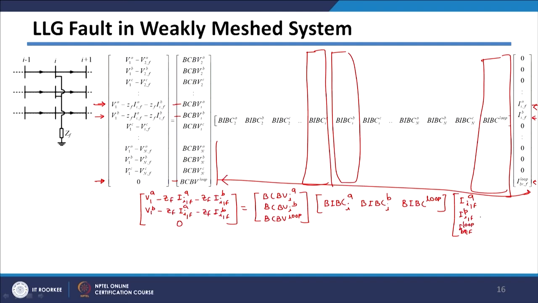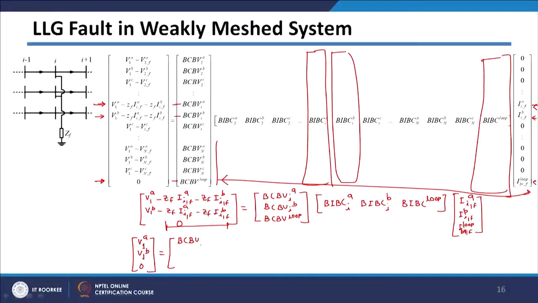branches. So this is nothing but, now what I am doing, I am taking this part of matrix, that is ZF multiplied by your fault currents on left hand right hand side. So in this case on left hand side, it will be V1A, V1B, 0, which will be equal to, so here this will be as it is.